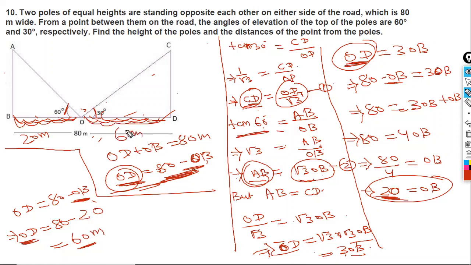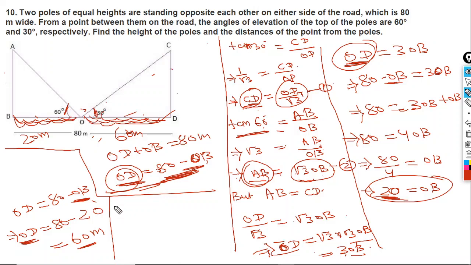But we have to find the height of the poles. So let's find the height of the pole. Now you have this length is 60. If you find tan 30 here, then it will be equal to CD by OD.